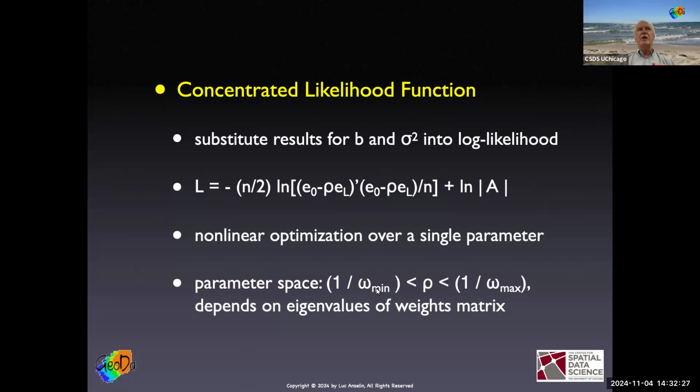Because you don't actually want to have a parameter that's negative and larger than 1 in absolute value, which again runs counter to Tobler's law, because it means things get more important as they're further away. That's not right. So because we have these bounds, we could just start in the middle and see what our likelihood is, or log likelihood is.